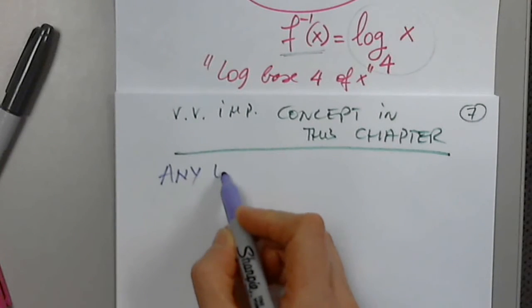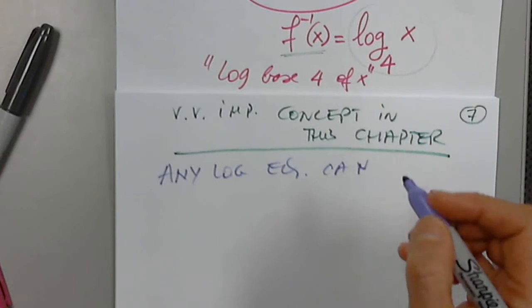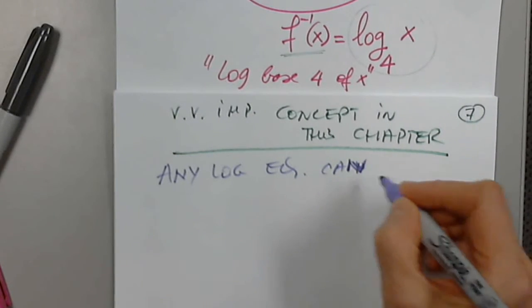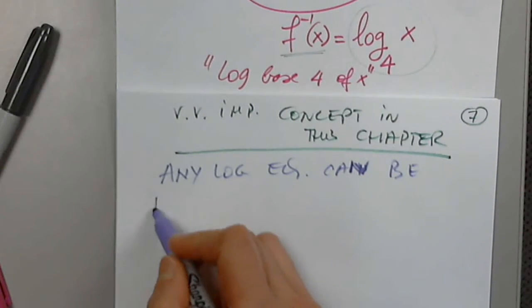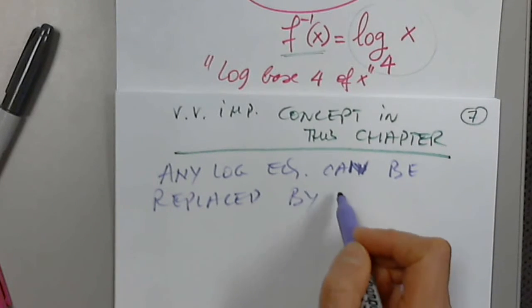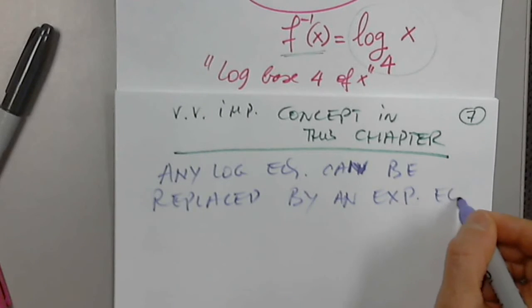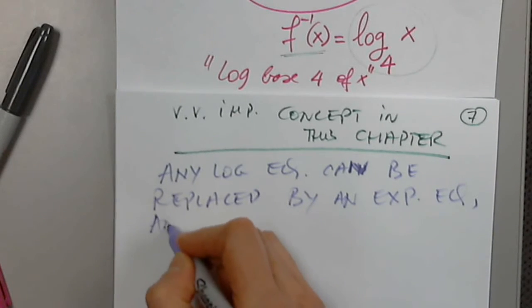Any log equation can be replaced by an exponential equation, comma, and vice versa.